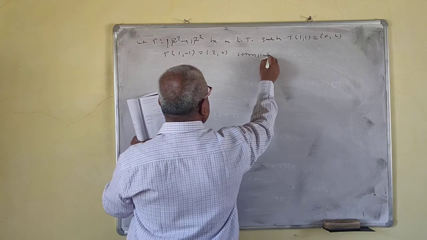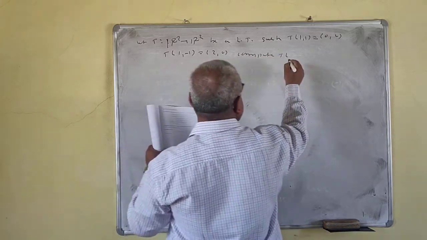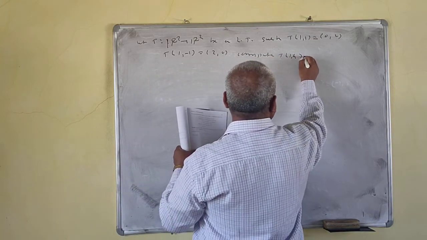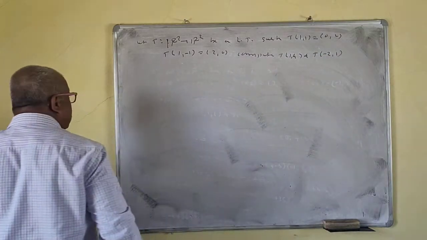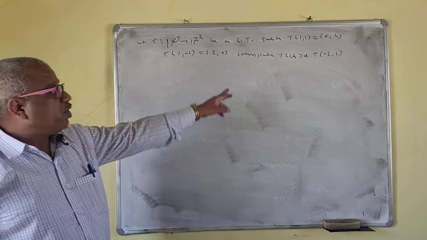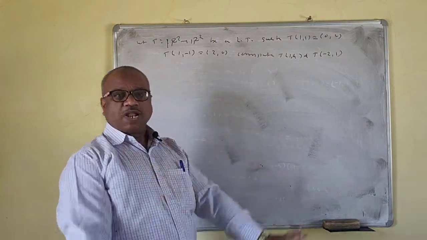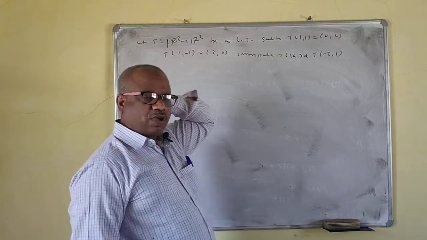Compute T of (1, 4) and T of (minus 2, 1). Here we have to find two values. So first we will find a formula, and with that formula you can find them easily.